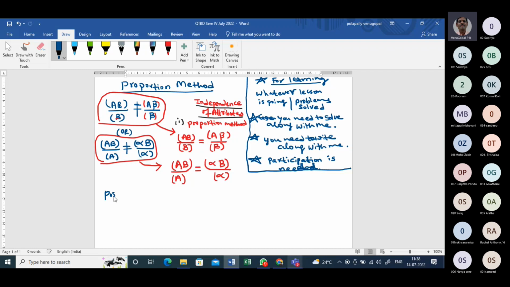Positively associated if AB by B is greater than A beta by beta. Is it okay, children? This first one, whatever I have written, from this I am writing.